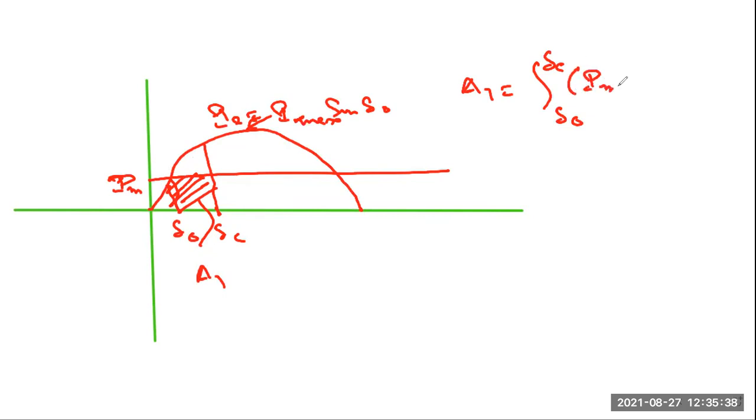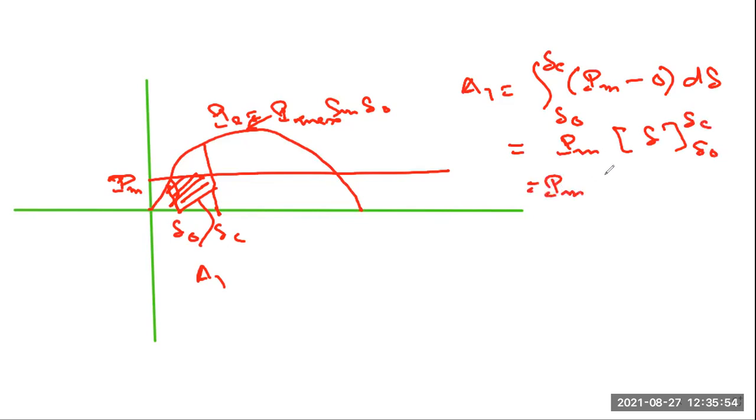So it is the integral of PM d delta. PM will be taken outside, and integrating d delta gives delta, from delta 0 to delta C. So this is PM into delta C minus delta 0. Is it clear? Yes, sir.